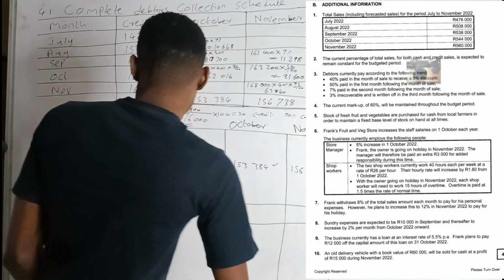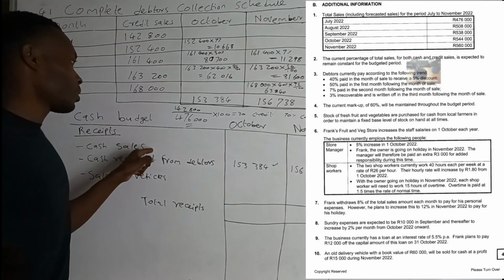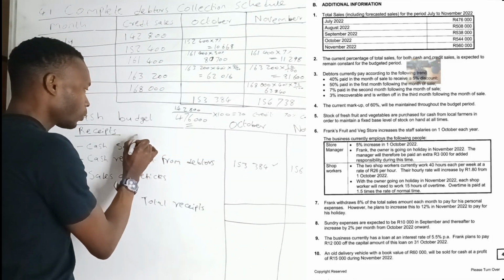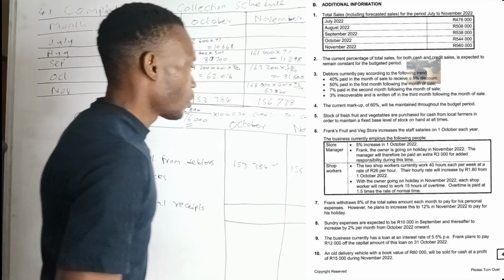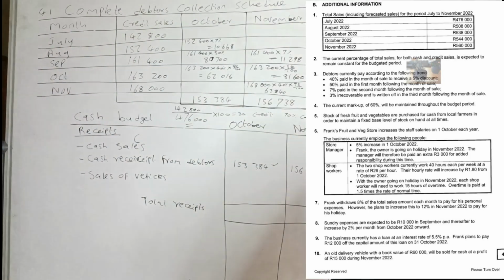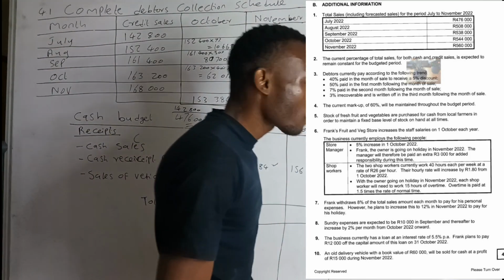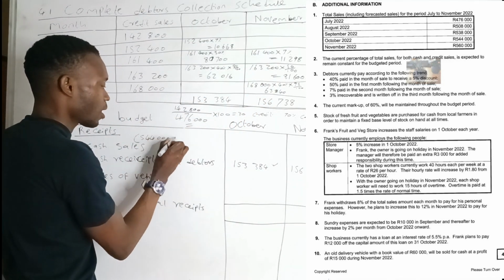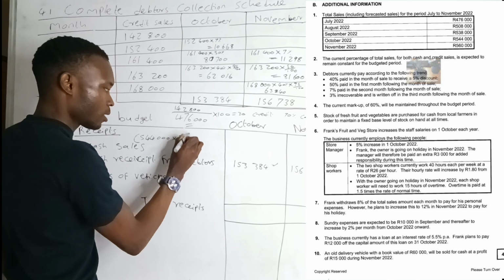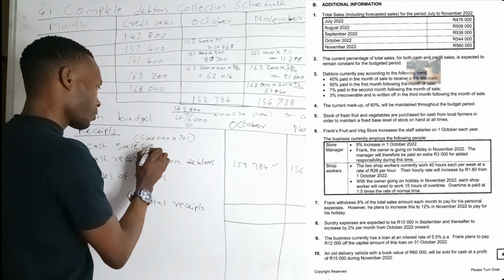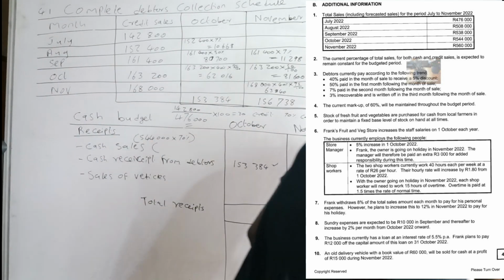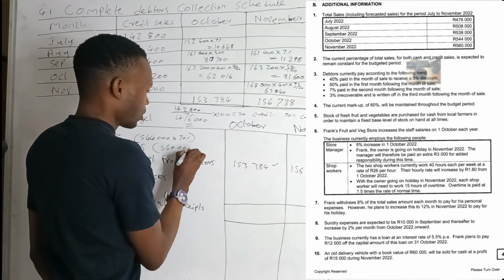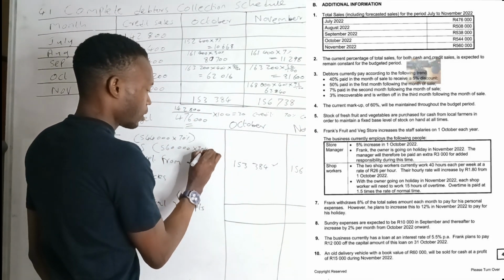Simple like that. Now we are looking for the cash for October. We're going to take the total sales of October, 544,000, and multiply by 70%. Then for November, we're going to take 560,000 multiplied by 70%.